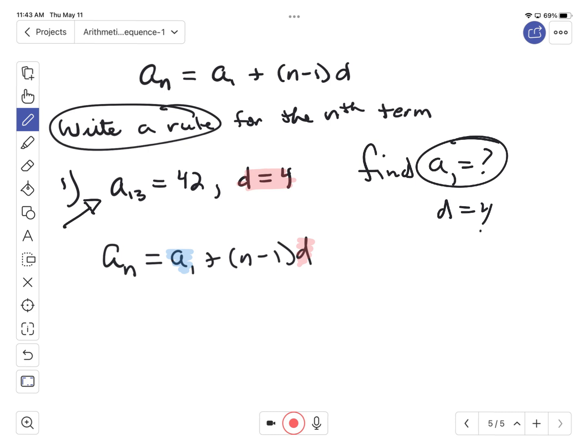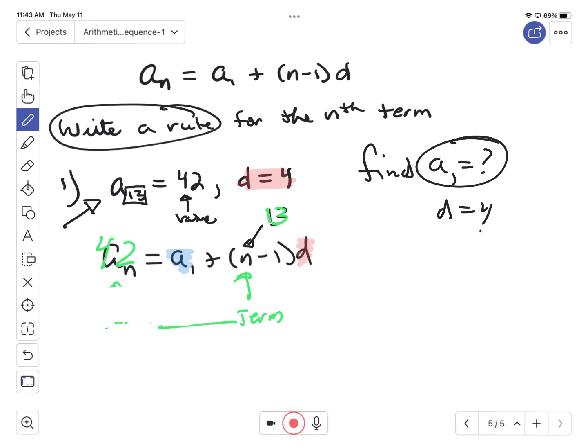It says the 13th term has a value of 42. So remember, this is the term, and this is the value of that specific term.